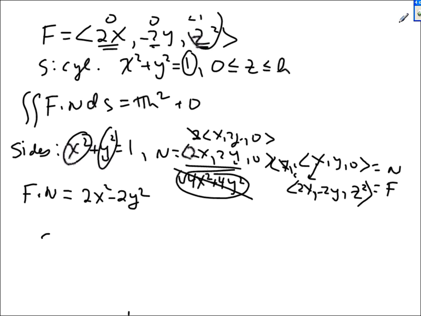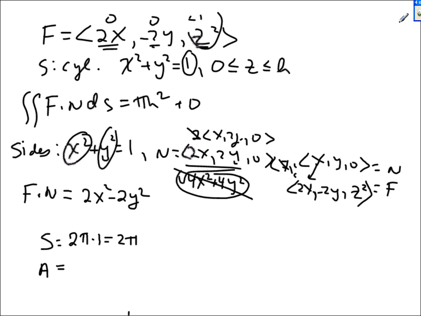Now, we know S and A. We know that S, the surface area, the circumference, is 2 pi times r, but in this case r is 1. So it's 2 pi.